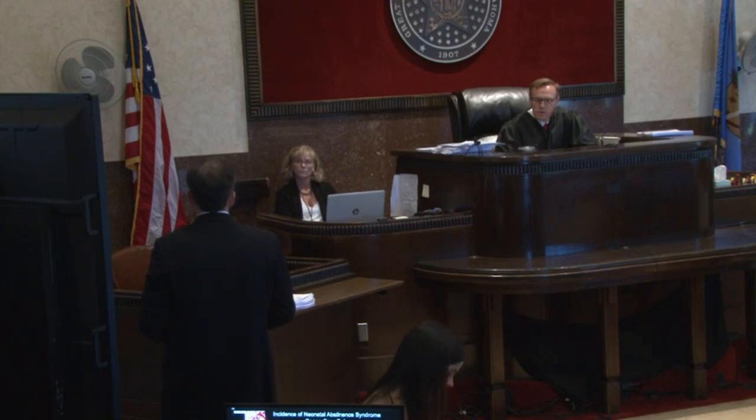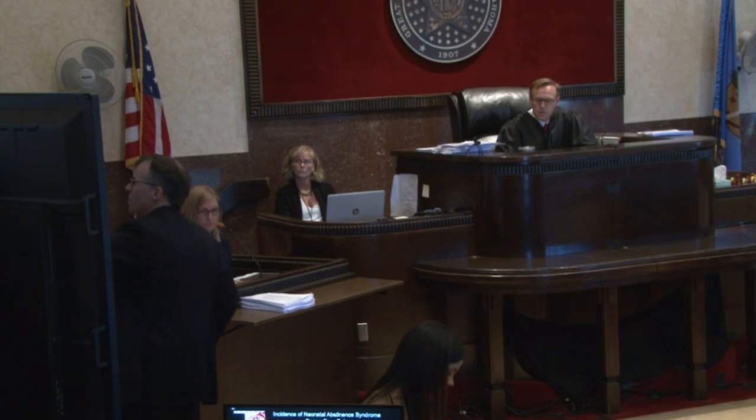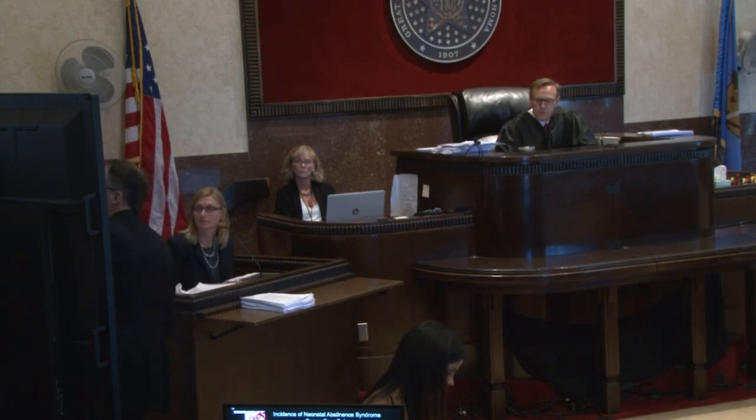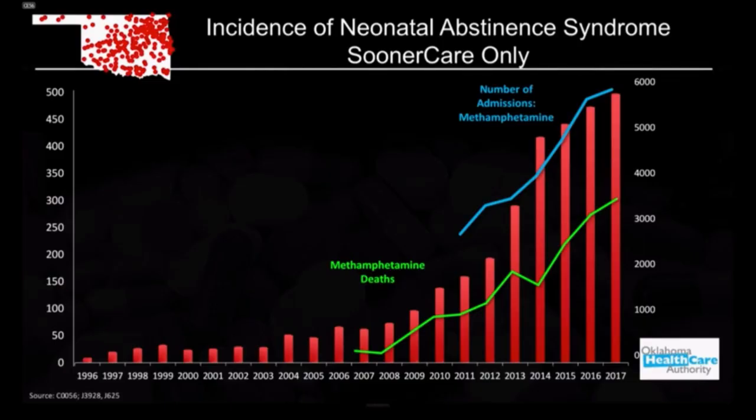You see that? Yes. And what the blue line represents is the number of admissions for methamphetamine against the scale on the right side here, 0 to 6,000. You see that? I see that it says that.